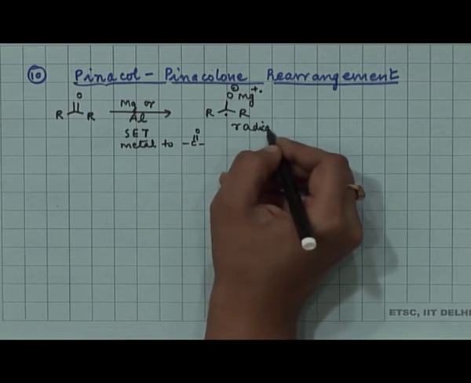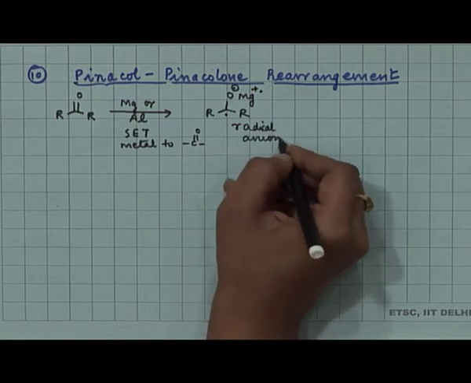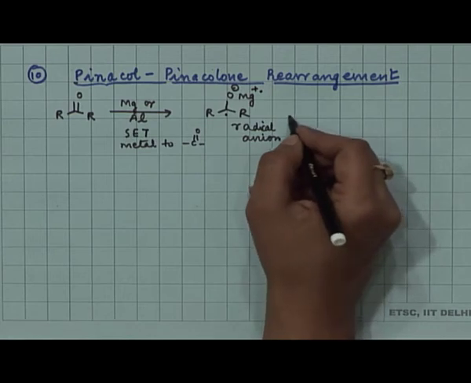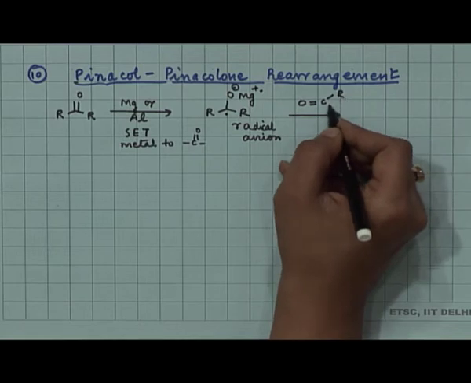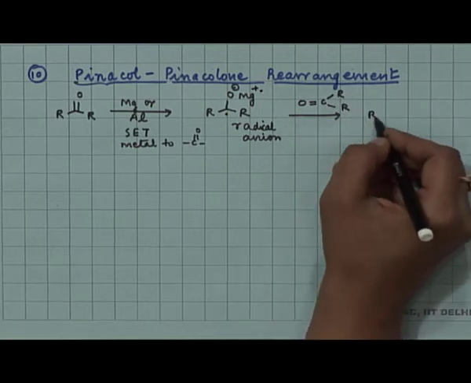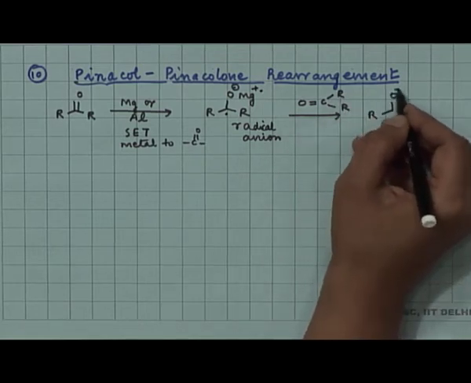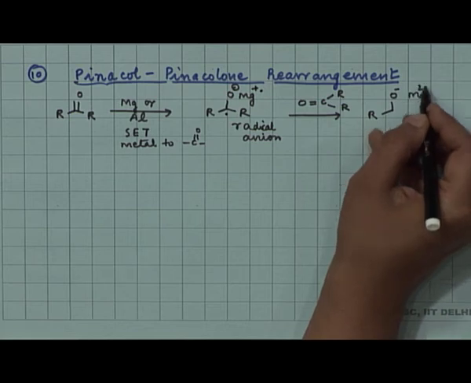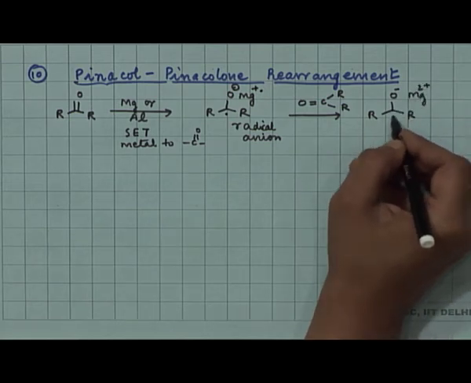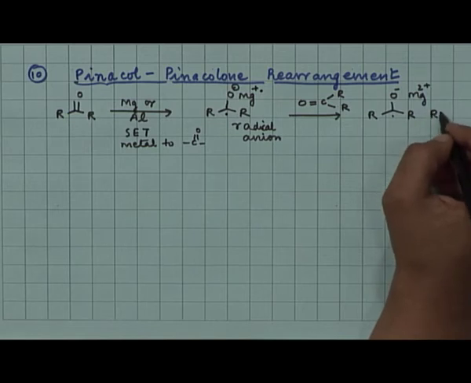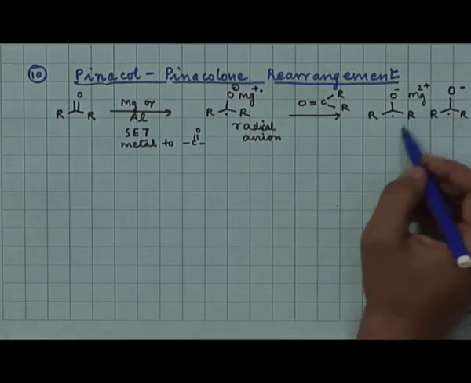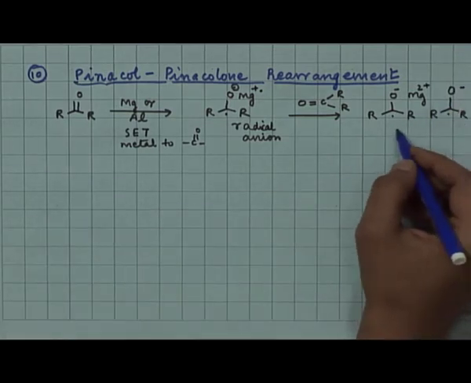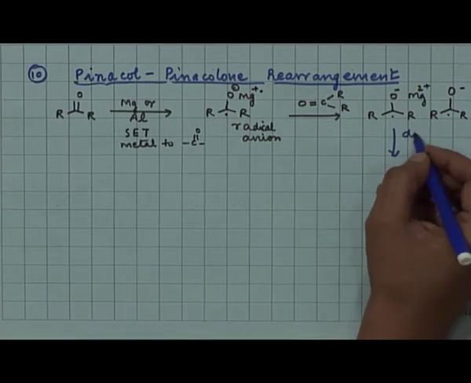So, you get an anion radical which again reacts with another molecule of ketone to give you another anion radical, and then these 2 anion radicals dimerize.